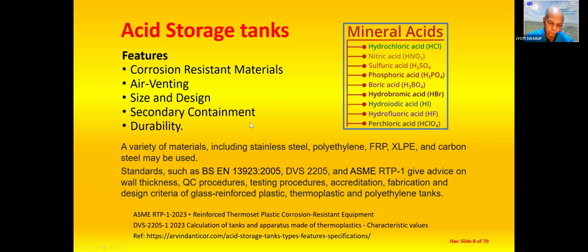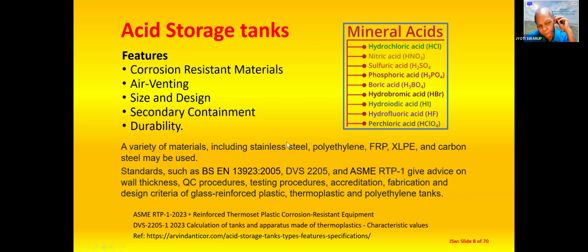And durability. A variety of materials including stainless steel, polyethylene, FRP, XLPE and carbon steel are used. Standards such as BS 4994, DVS 2205, ASTM, RTP-1 give advice on wall thickness, procedures, testing, etc. for the glass reinforced plastic, thermoplastic or polyethylene tanks.